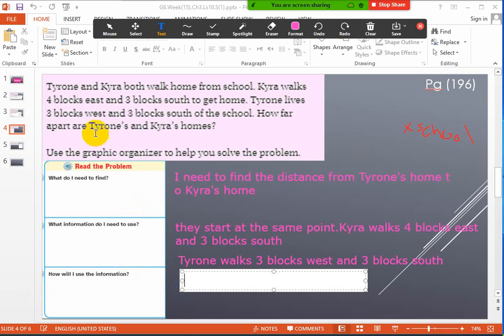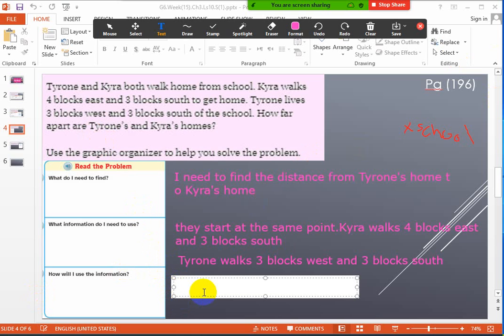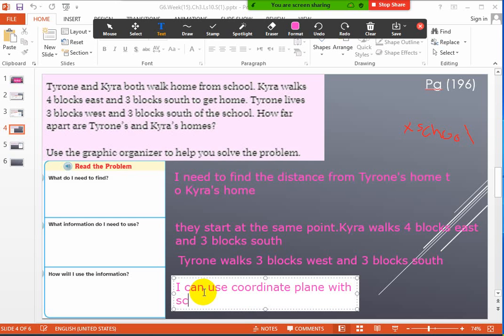As I mentioned before, I will use the coordinate plane. The school will be at the point 0, 0, the origin.